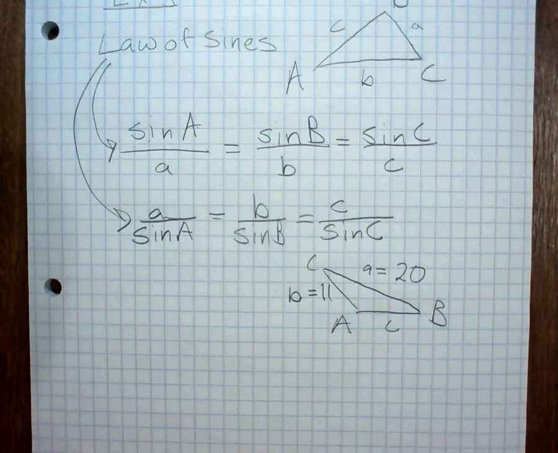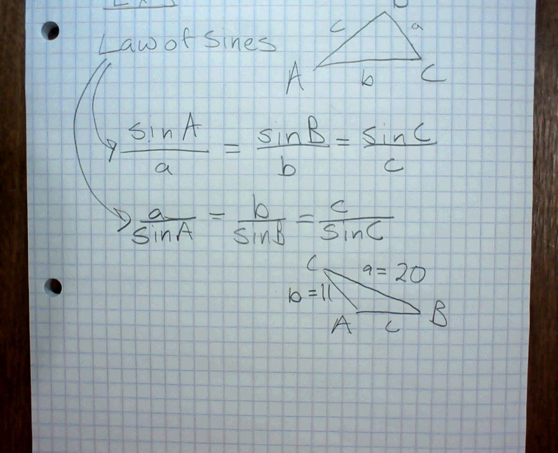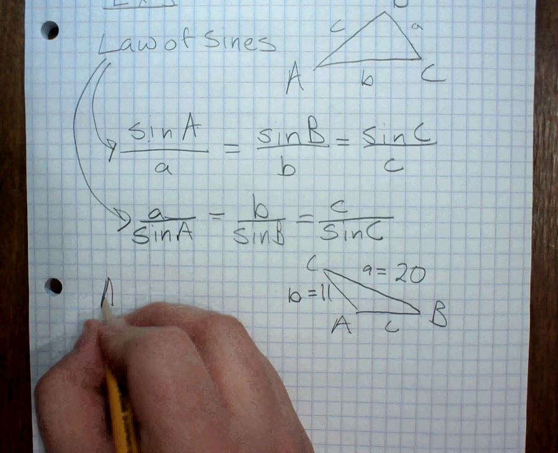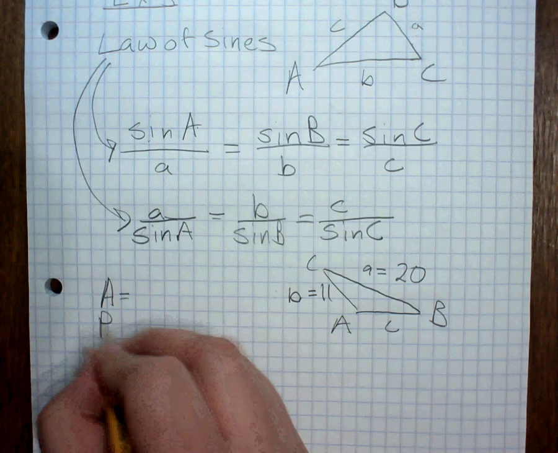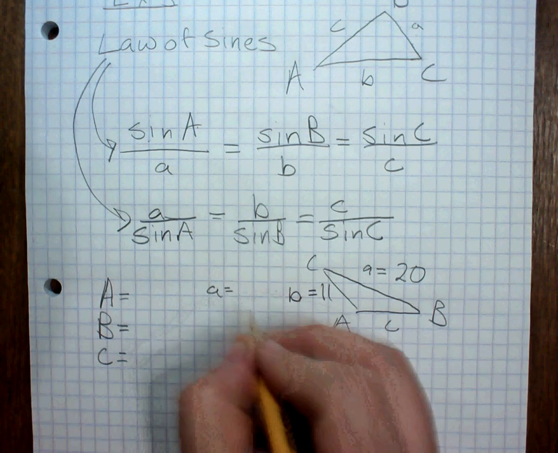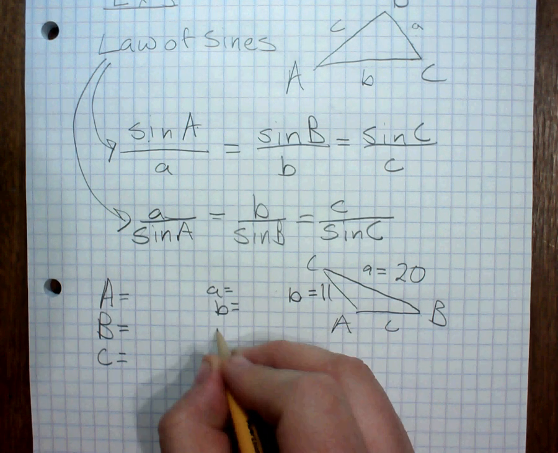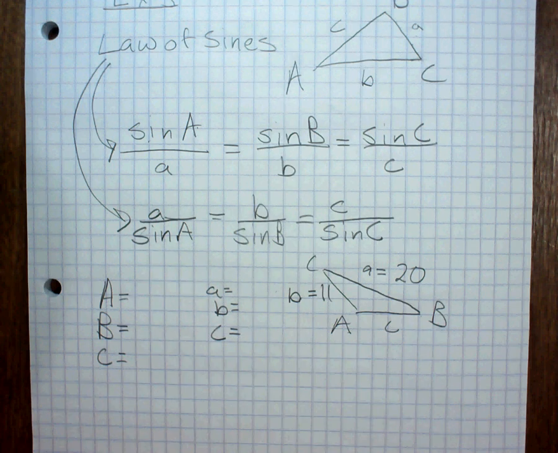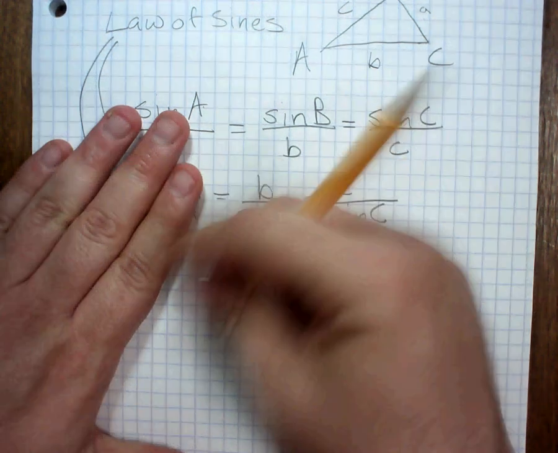And what we're asked to do is solve the triangle. Now when you're asked to solve a triangle, basically what you're going to do is you're going to find capital B, capital A, capital C, and then you're going to find lowercase a, lowercase b, and lowercase c. Alright? Actually, I drew those kind of close together.